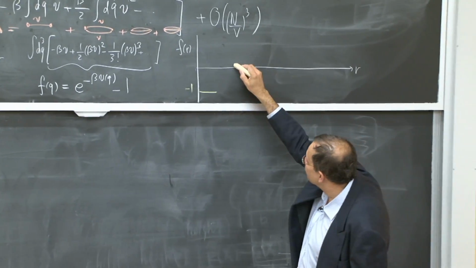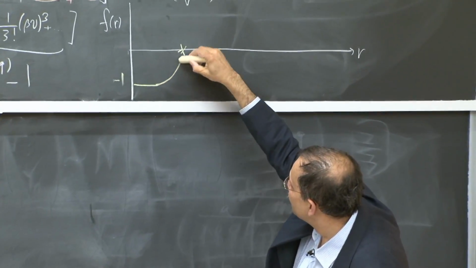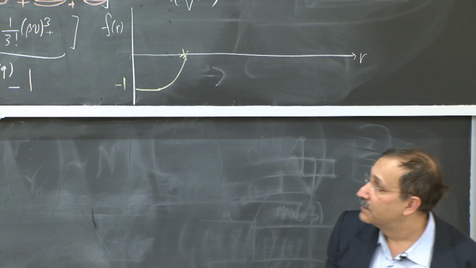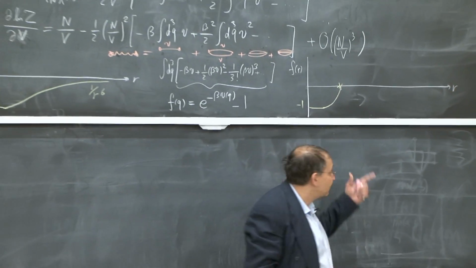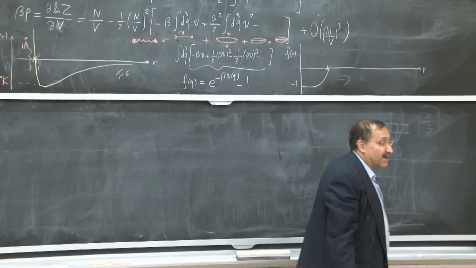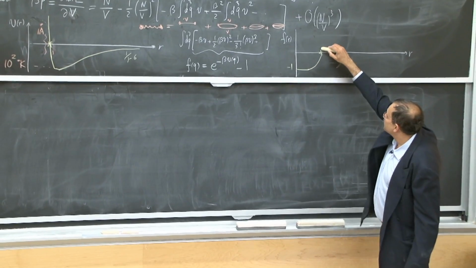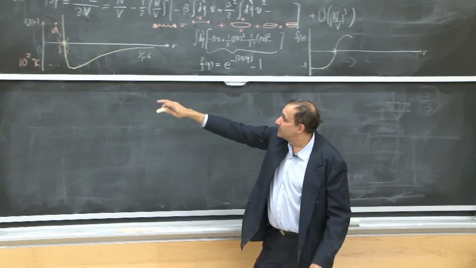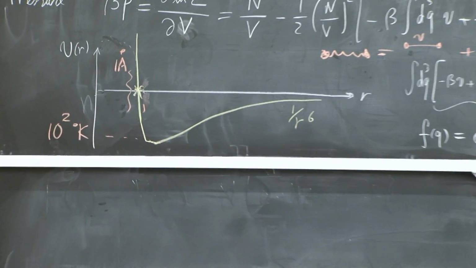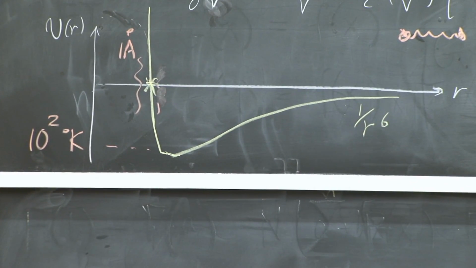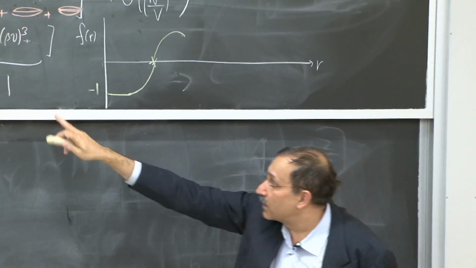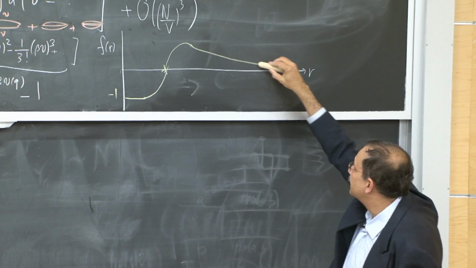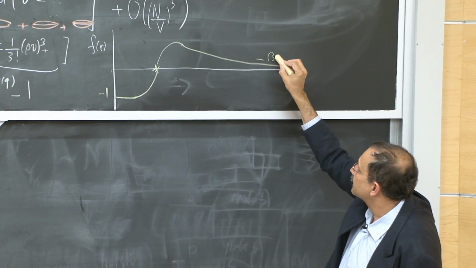So basically, I will come to the same 0. When the potential is negative, this will be larger than 1. My f will be positive. So presumably, it will have some kind of a peak around where this peak is. And then at large distances, it goes back towards 0. So this is going to go back towards 1 minus 1, which is 0. So actually, this end of the potential is the same thing as minus beta v.